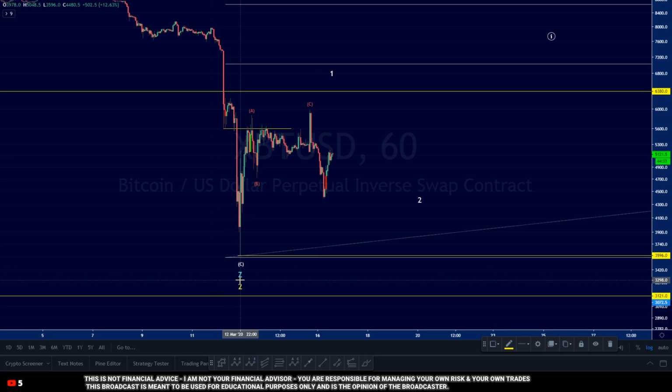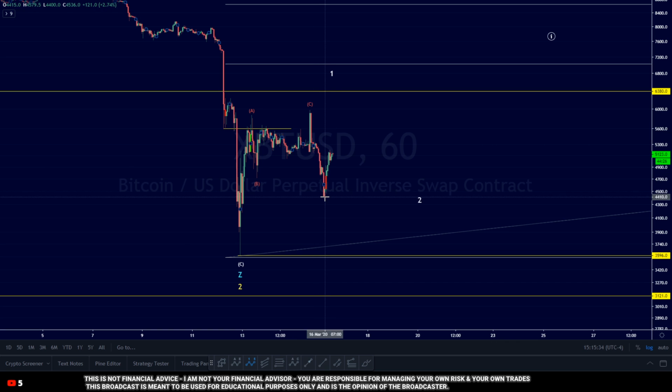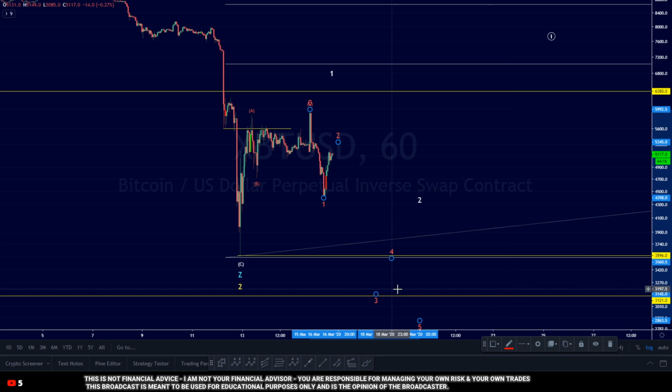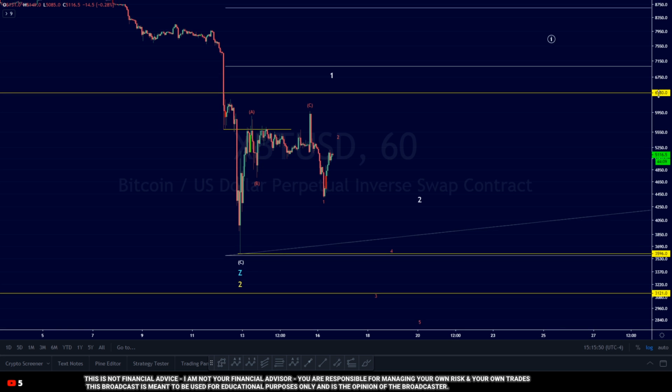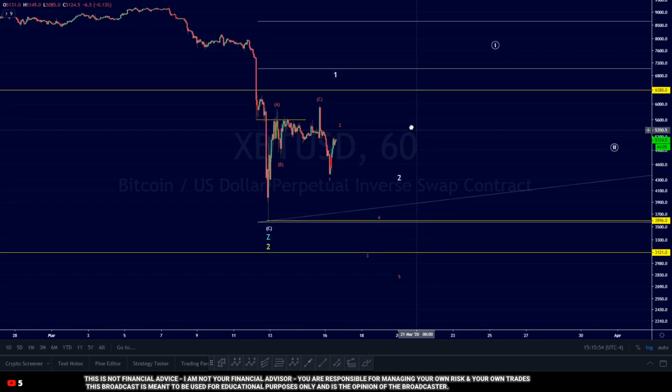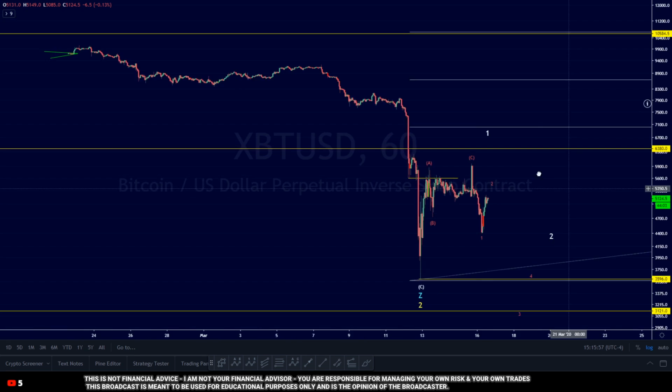It is possible that what we have started here is from up here, a 1, a 2, 3, 4, 5. I'm going to mark this in red as well, and I'm going to lower the degree on this to a minuscule, which means we've got one more push lower to go. Again, I'm on an hourly time frame.